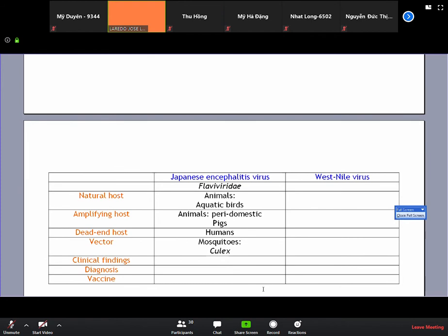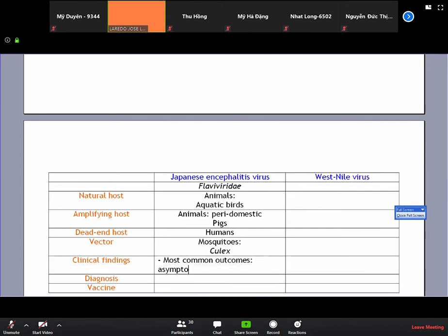What about the clinical findings? The clinical findings are the same as for other arboviruses. The most common outcomes are asymptomatic, the same as for all, or non-specific findings: fever, headache, myalgia, arthralgia, the same non-specific symptoms that we always say.